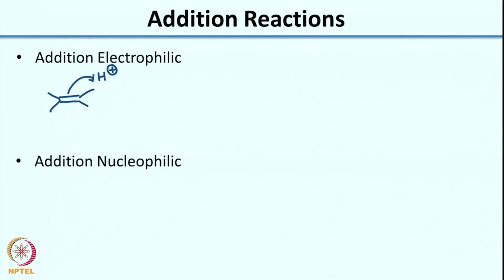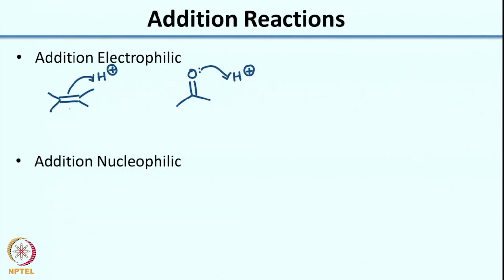So, this is an example of an electrophilic addition. You can also think of a double bond like this. So, when you looked at the aldol reaction in the acidic medium, you can think of, so this would be an example of an electrophilic addition.